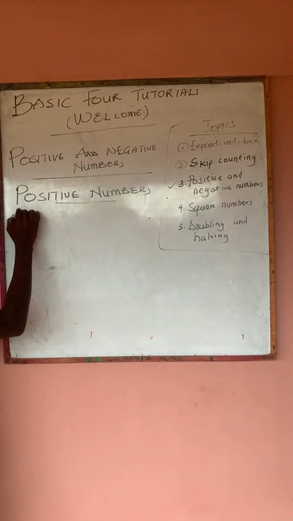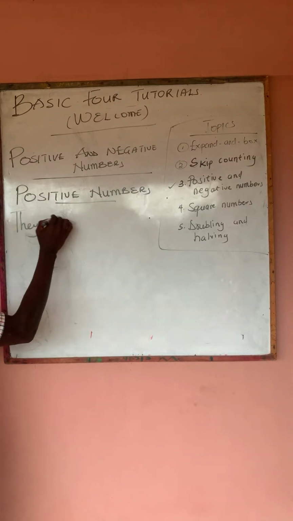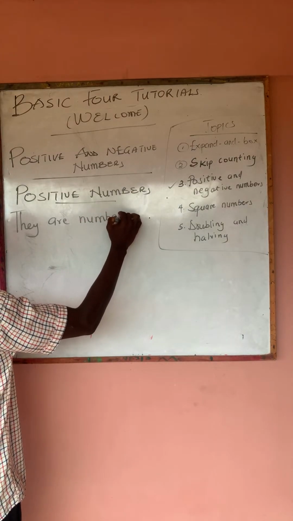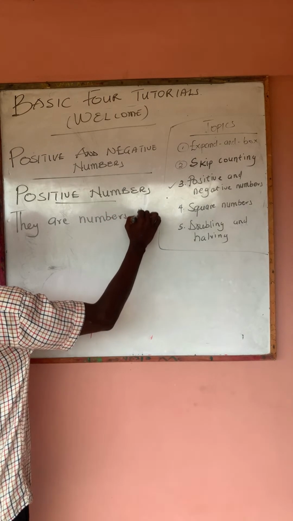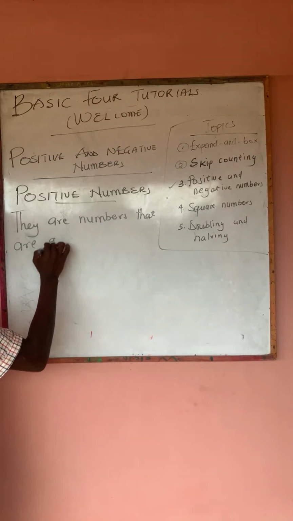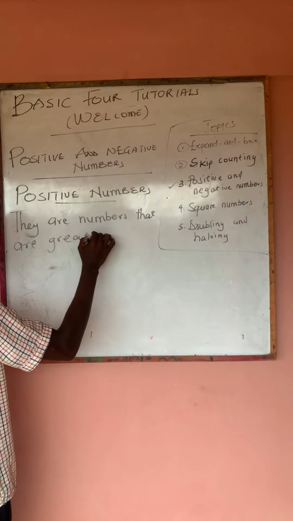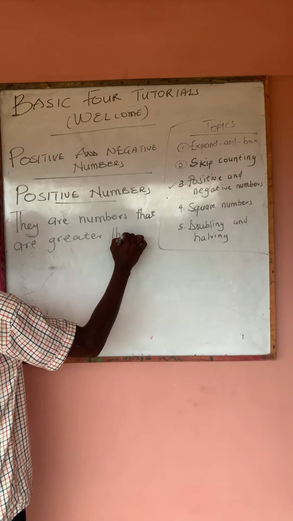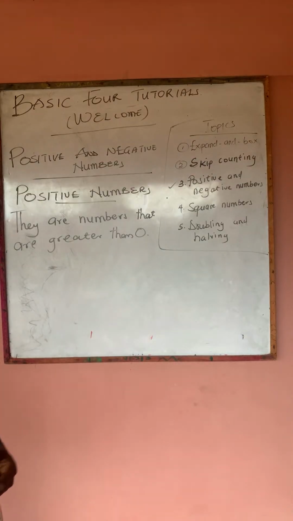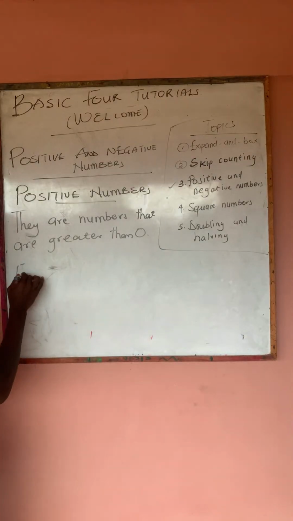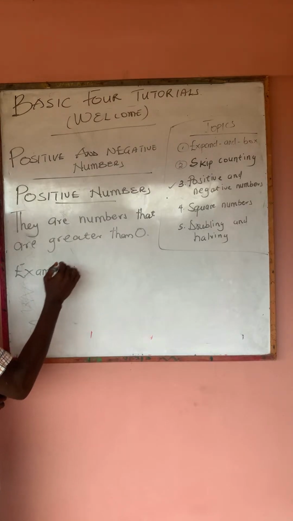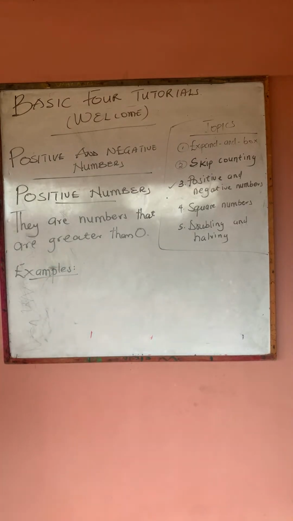We said they are greater than 0. So there are numbers that are greater than 0, and some examples of positive numbers. Let's have some examples of positive numbers in the comment section.